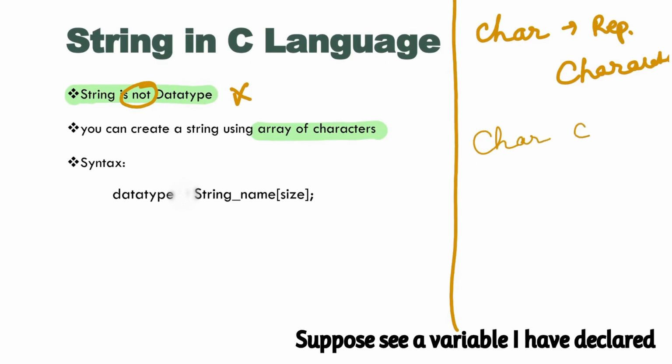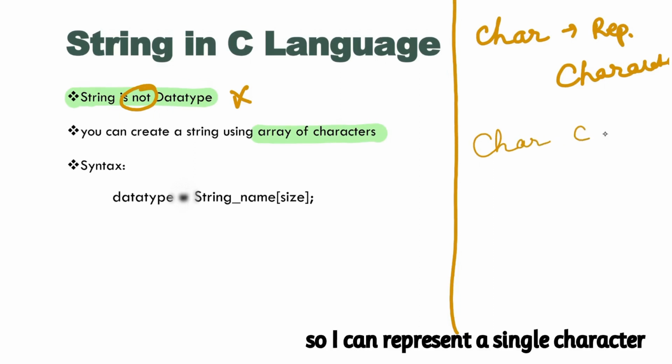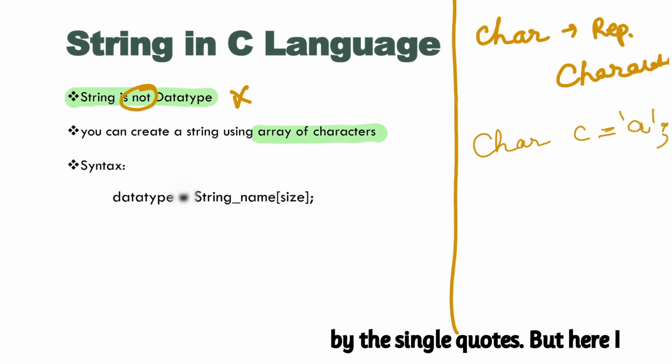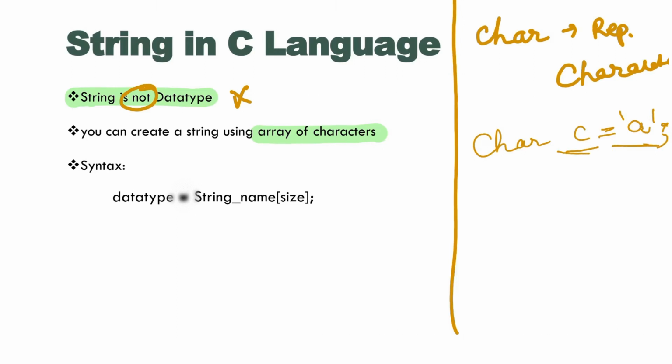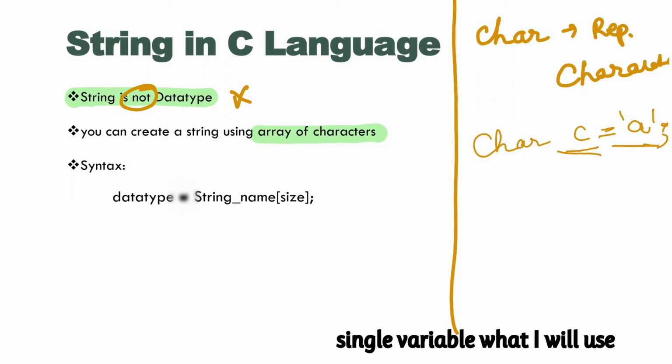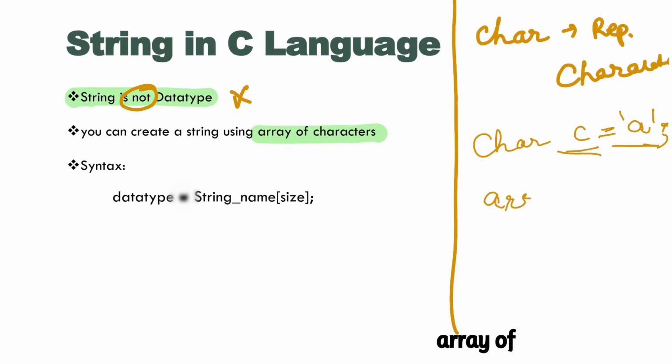Suppose c is a variable I have declared, so I can represent a single character by single quotes. But here I want a collection of characters. So instead of a single variable, what will I use? An array of characters.